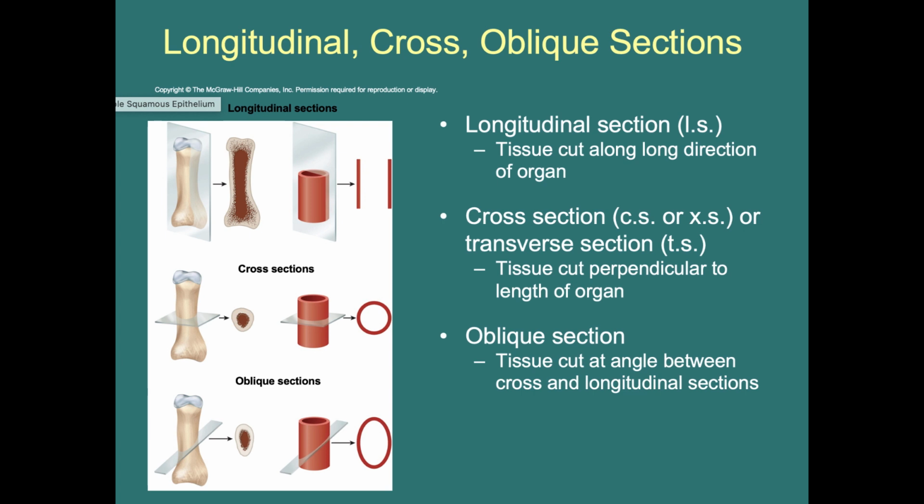Again, it's going to give you a different view of that structure that you're looking at. We might see a cross section or a transverse section here, again giving us a different view of what that tube looks like. And then an oblique section where that tissue is actually cut at an angle, and again that's going to give us a slightly different view of what we're looking at.